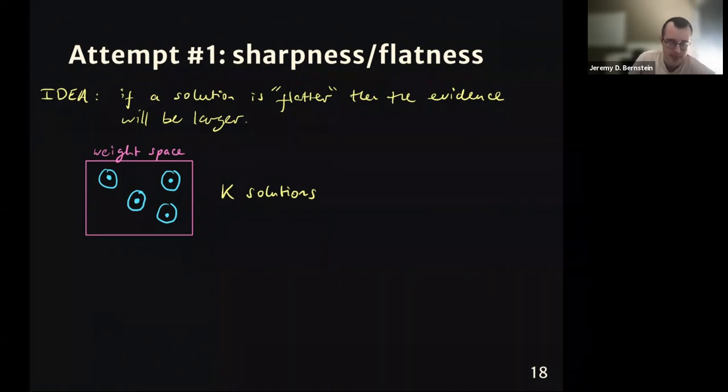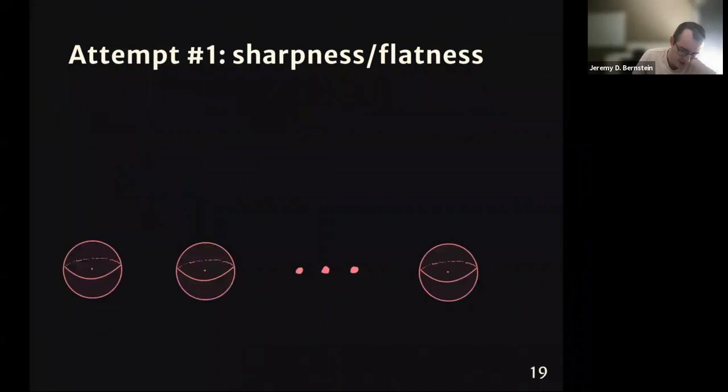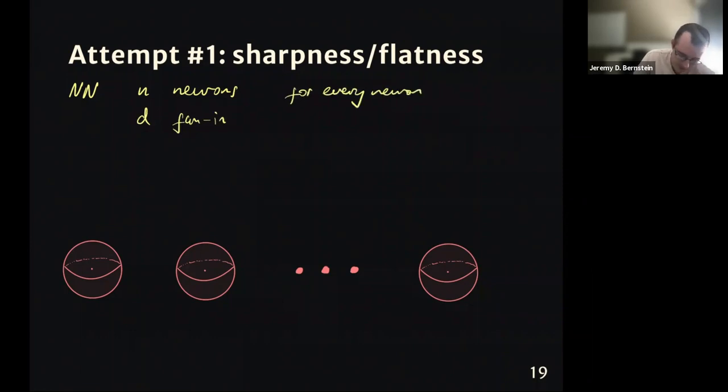So this is where we bring back what flatness even means. It's related to the idea of smoothness in optimization, so we're going to connect back to some of the ideas from the optimization part. To make some progress, I want you to imagine that we have a neural network that has n neurons, each with a fan-in of d. And moreover, for every neuron, we apply those weight constraints that were on the previous homework.